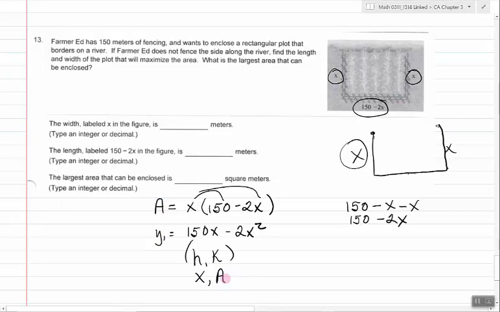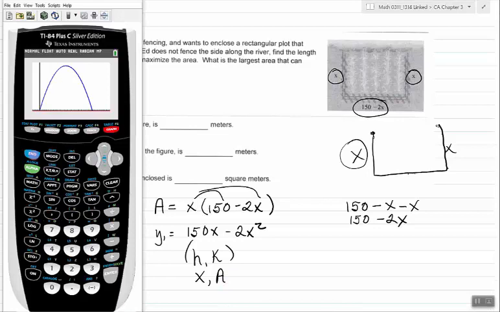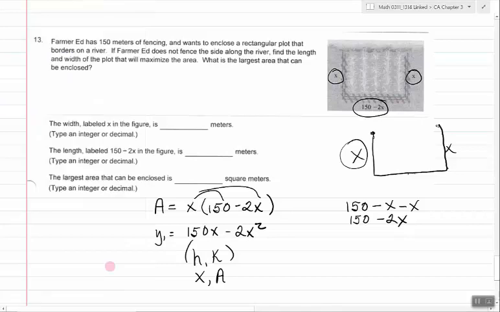All right, so let's go back to the grapher and do second calc maximum. Get to the left, enter, go to the right, enter, enter. All right, looks like it is 37.5, and so let's do the ordered pair.